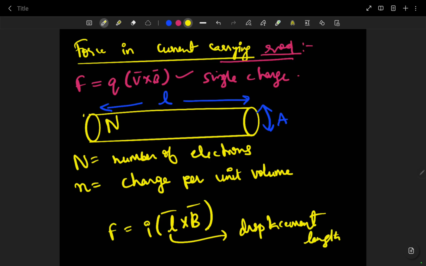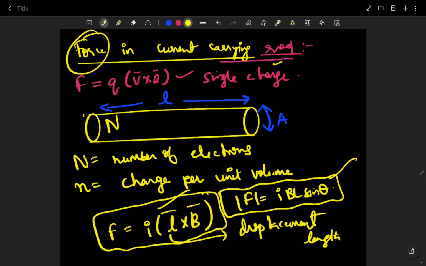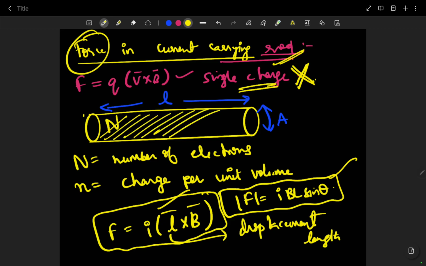And you can also know the magnitude of F, which will be F equals I B L sine theta. So this is one formula, this is another one, right? These two are very important. One is vectorial, one is magnitude, obviously it's the same. For the force on the rod, you can't apply the earlier formula anymore because that is only for a single charge, but when you're considering the complete rod as such, you will be applying these formulas.